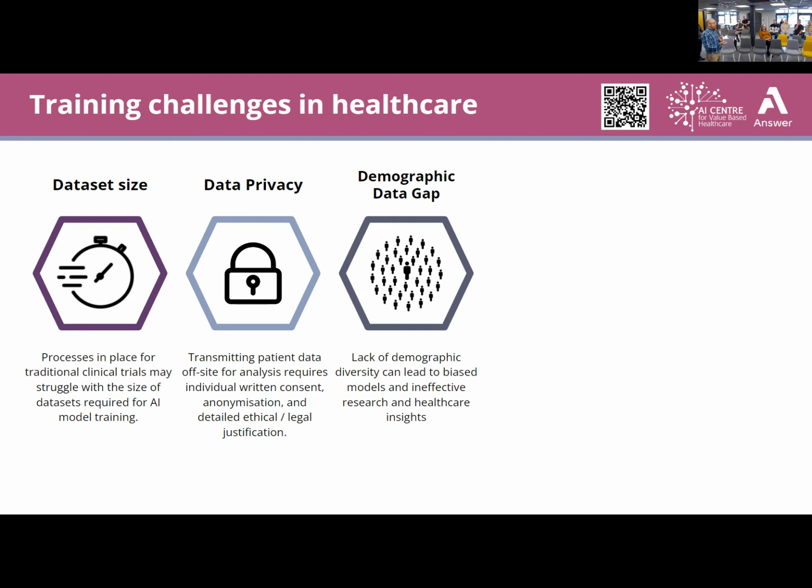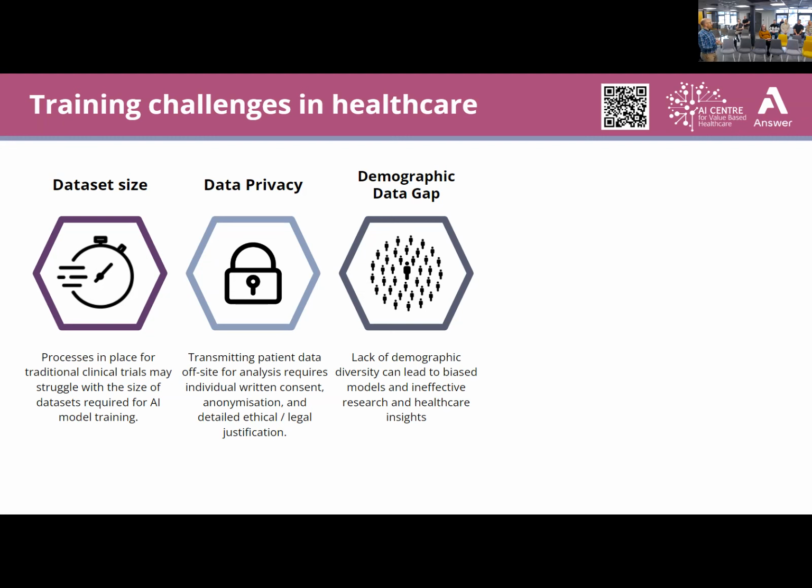Another difficulty that we face is getting a good demographic range within your model. So if you have a very good setup in one part of the country where you've got access to a great data set, you have some really powerful compute facilities, but all of the patients are coming from that local area, the model that you train will be demographically biased, and it will perform better on new data that looks more like the data that it's trained on.